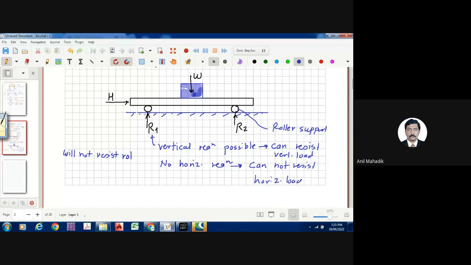How can you show that it is not resisting rotation? We can show it like this: due to the vertical load, what will happen? This will try to bend.